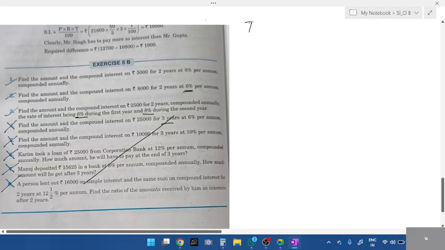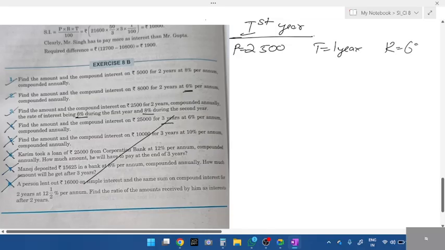For first year, what is the principal? 2,500. Time is equal to 1 year. Rate is equal to, very good, 6%. What is compound interest? PTR by 100. 2,500 into 1 into 6 divided by 100.